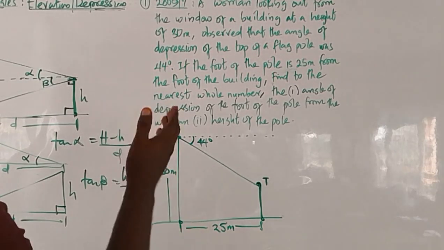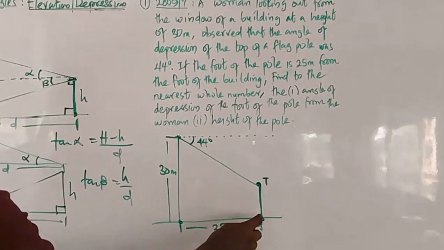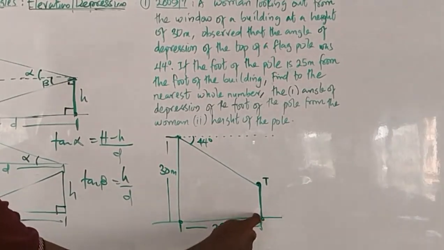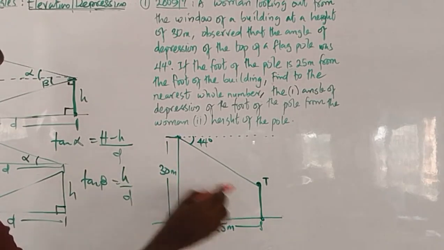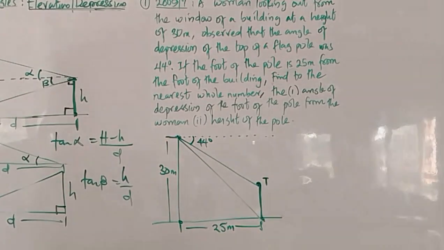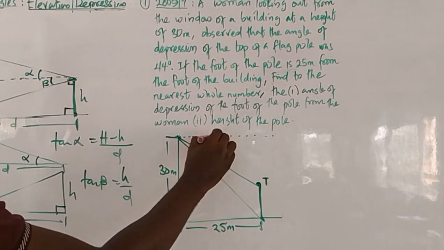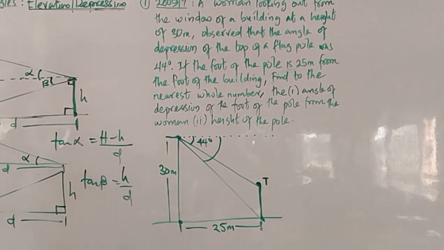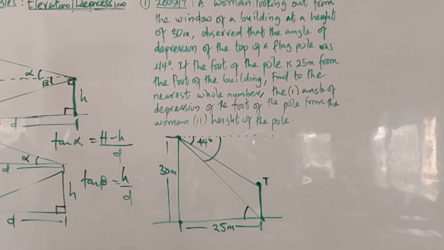Find to the nearest whole number the angle of depression of the foot of the pole. This is the pole, the foot of the pole from the woman. It means if the woman is to look down to the foot here, what is the angle of depression? You are looking for the angle from here to here, which is the same as from here to this place.